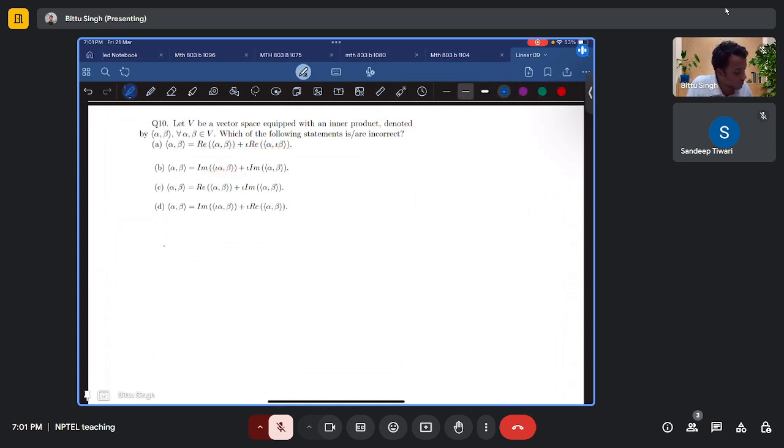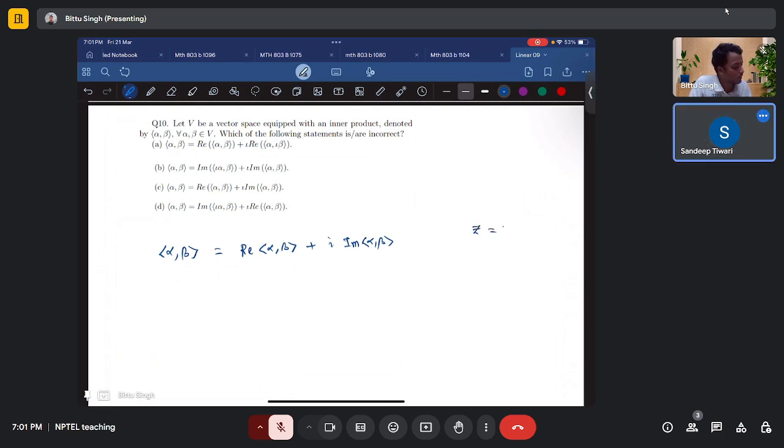So first thing is to observe that the inner product of this thing is actually distributed into two parts. One is the real part of this inner product plus i times the imaginary part of the inner product. This is true for any complex number.